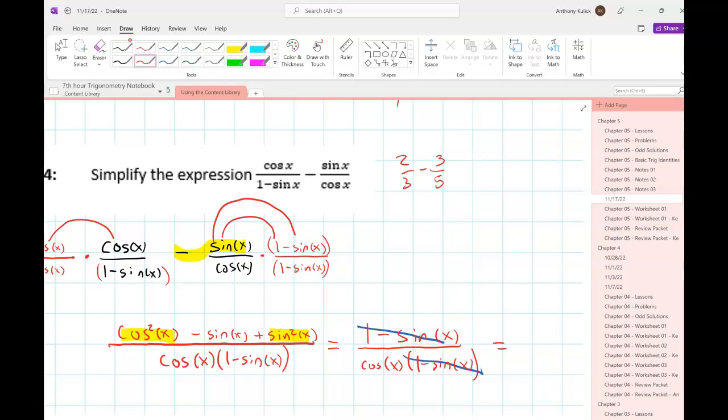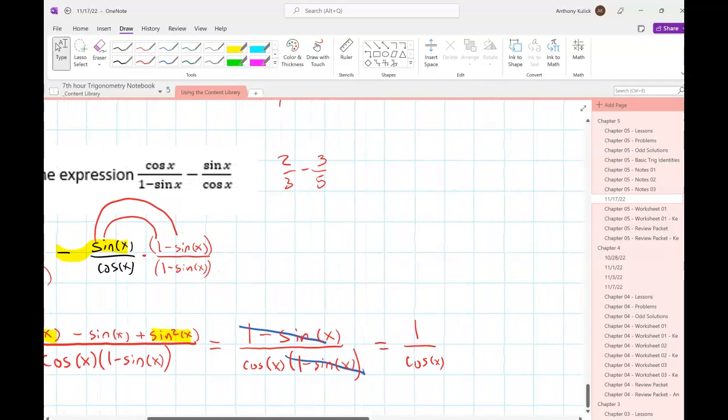No. 1 over cosine x. Remember, look at where the cosine is. It's in the denominator, right? When we cross things off, do they disappear? Not technically. They technically turn into 1.